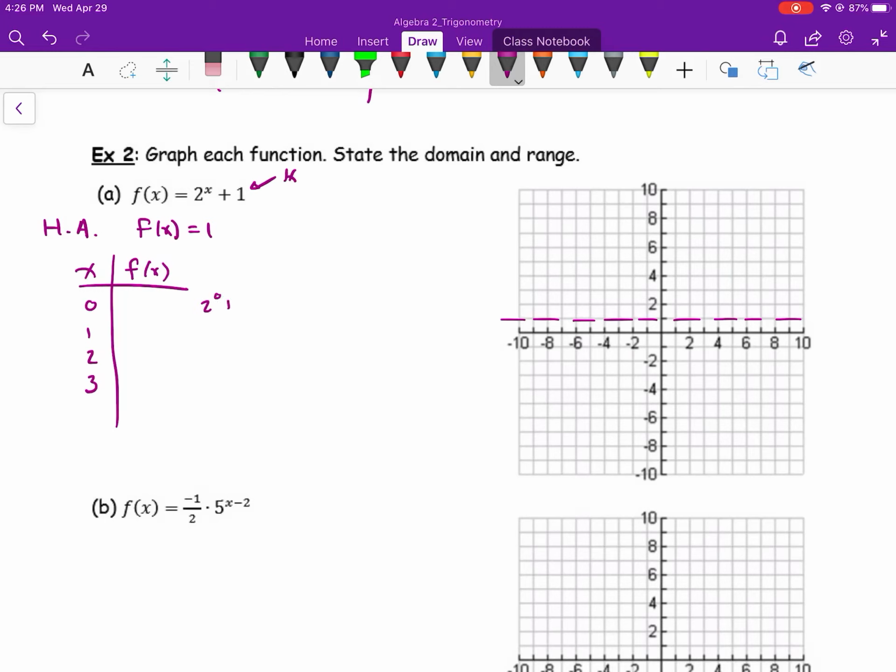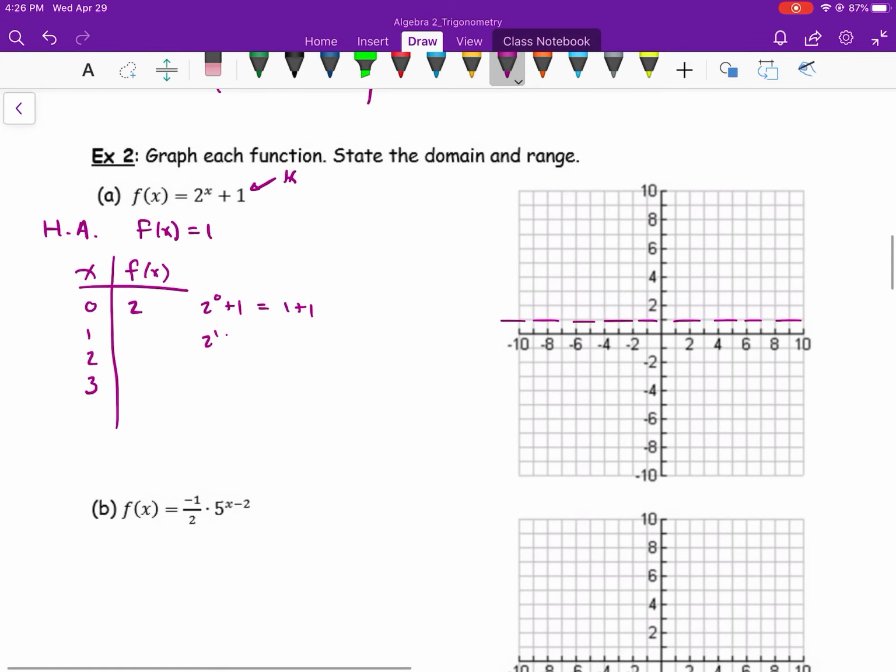So 2 to the 0 plus 1 is equal to 1 plus 1, 2. 2 to the 1 plus 1 is 2 plus 1 is 3. 2 to the 2 plus 1 is 5. 2 cubed plus 1 is 8 plus 1, which is 9.